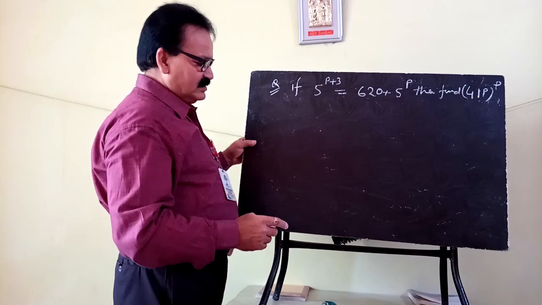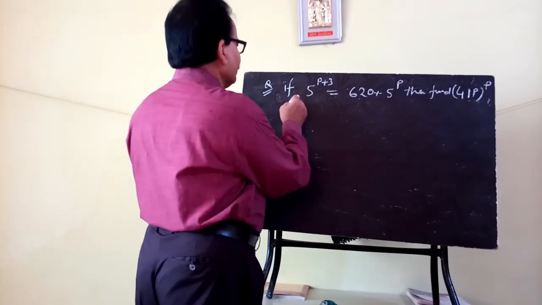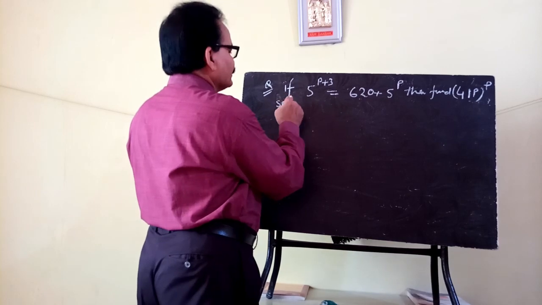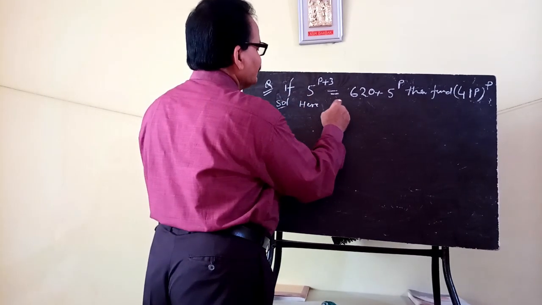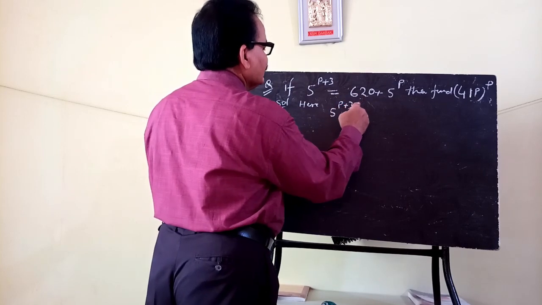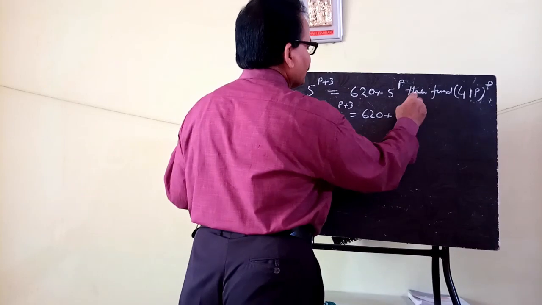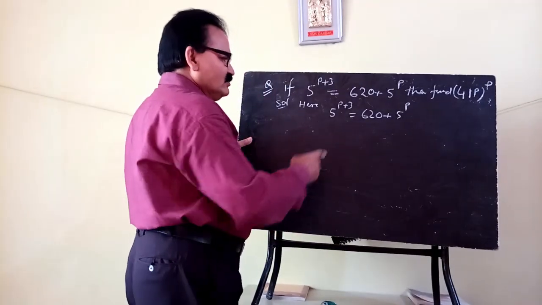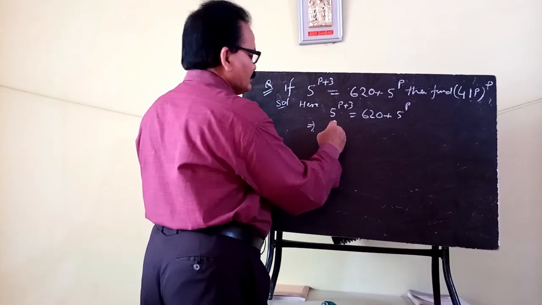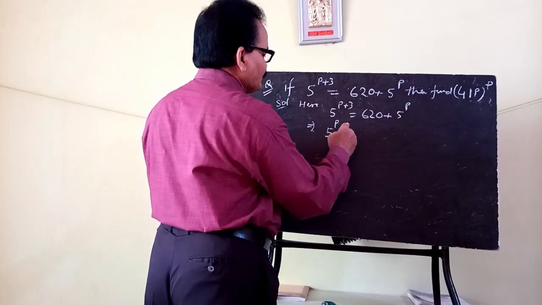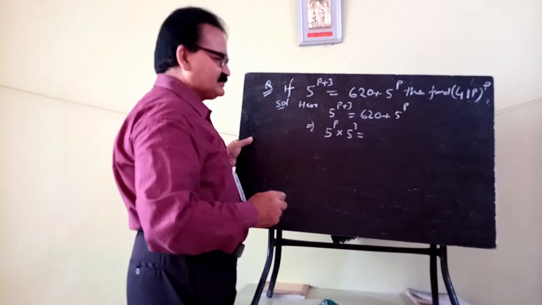Okay, clear? So in this case, you have to start with your given part. Here 5 to the power (p plus 3) equals 620 plus 5 to the power p. Now this exponent part you can split as 5 to the power p into 5 to the power 3, having the same base 5.